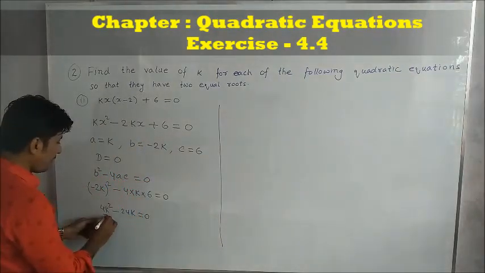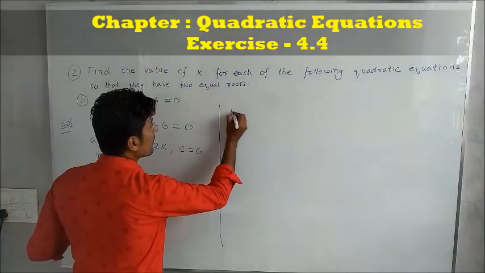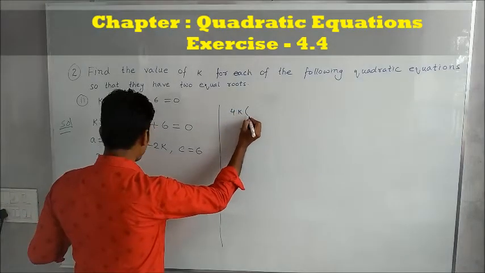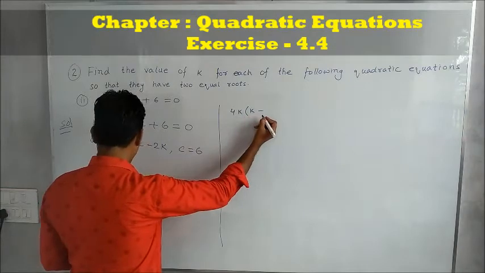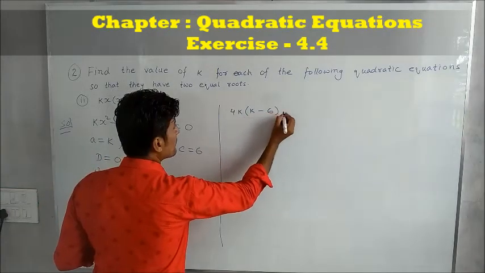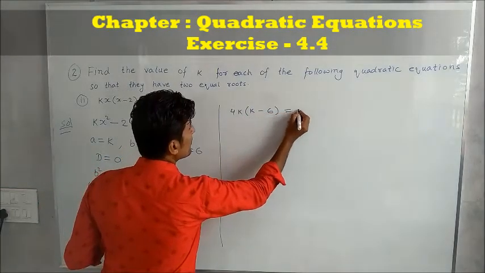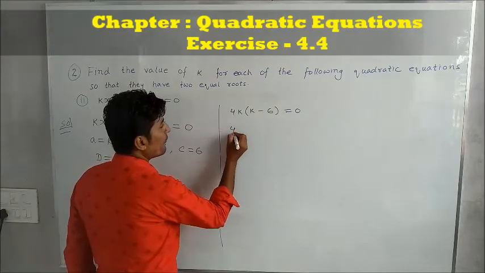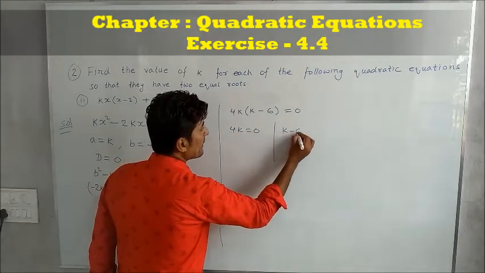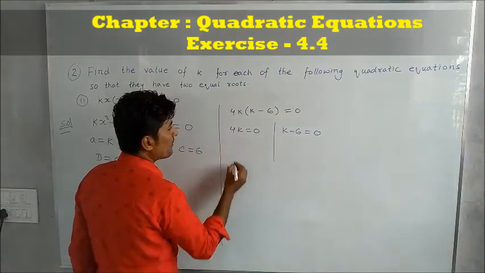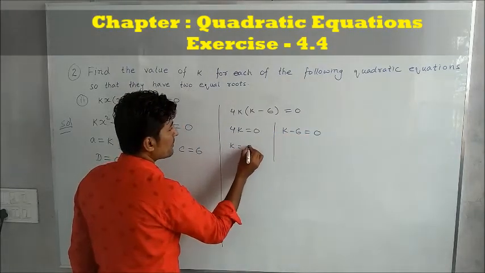So here we can take 4k common. 4k into bracket k minus 6 equals to 0. So we can write here 4k is equal to 0 and k minus 6 is also equal to 0. So k is equal to 0 upon 4.